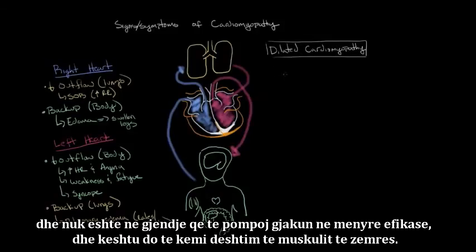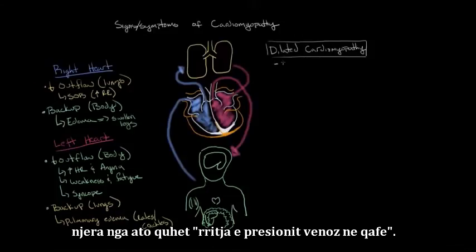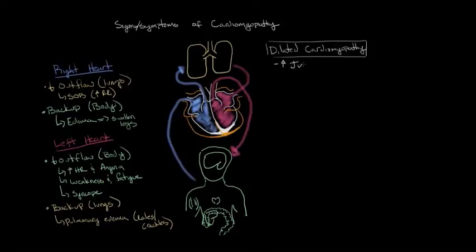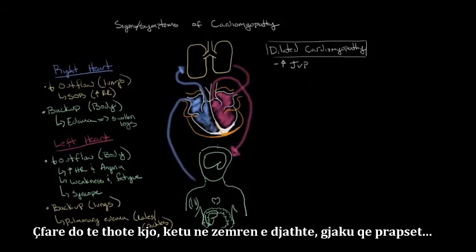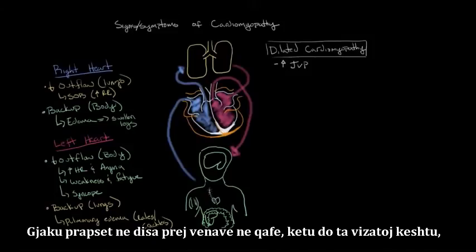and so you get this failure of the heart muscle. And some of the characteristic signs for dilated cardiomyopathy, one of them is something called an increased jugular venous pressure, and I'm going to just abbreviate that JVP. Well, what does this mean? Well, over here in the right heart, the blood that's getting backed up kind of backs up in, we'll actually draw this here, so we have the left heart over here, and the blood kind of backs up in some of the veins in the neck right here.